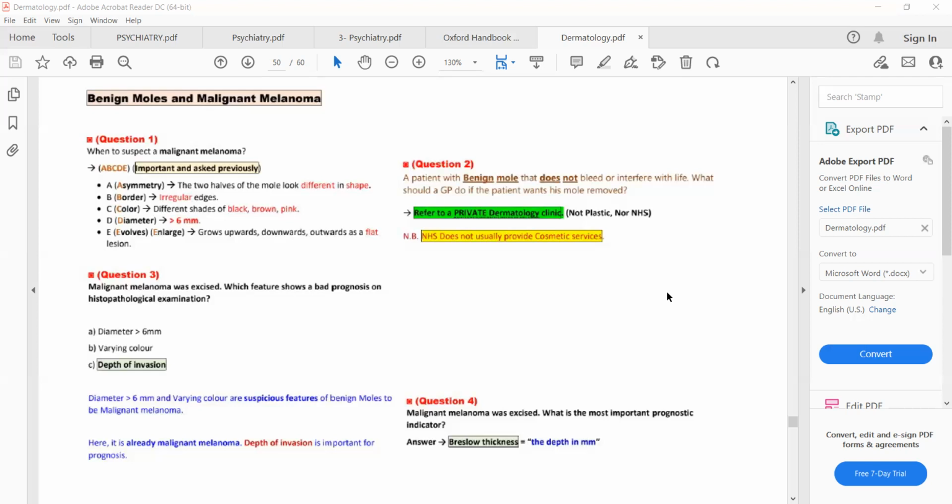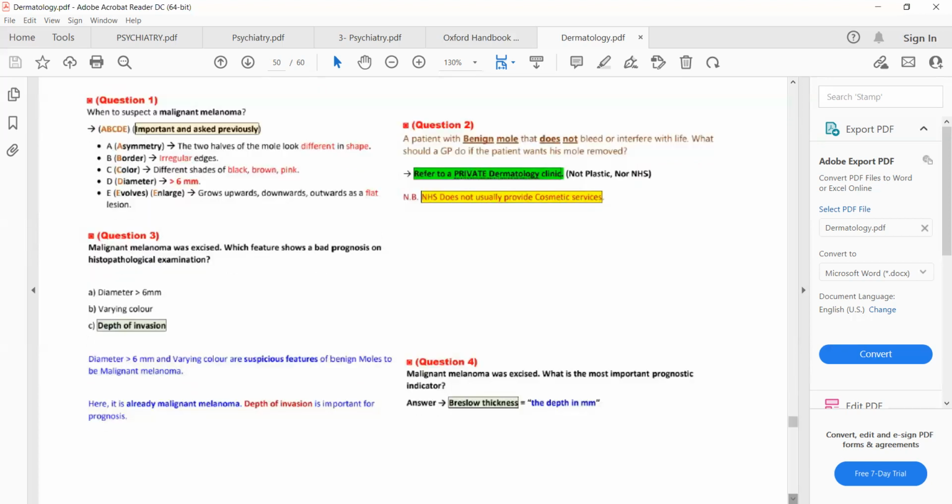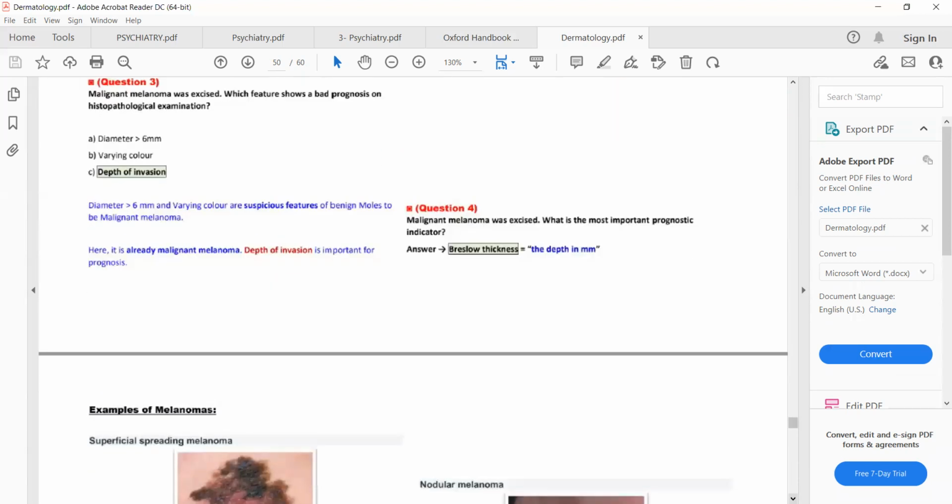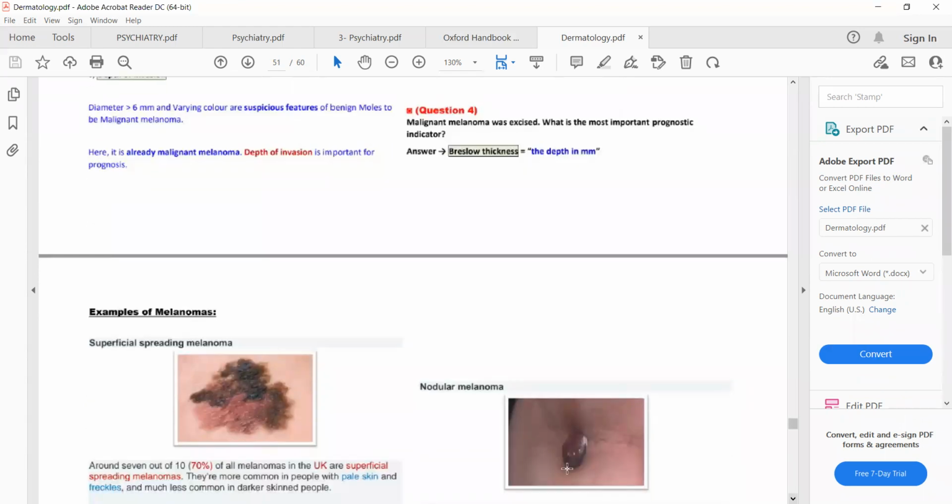If different shades of color are present, such as brown, black, and pink, and if diameter is more than 6 mm, and if it enlarges, or if it increases in size, that is grow upward, downward, or outward as a flat lesion. So these are suspicious features.